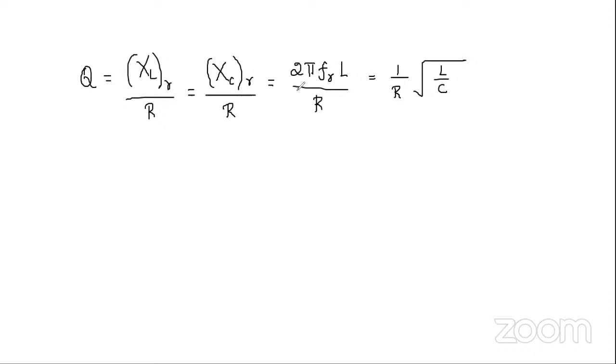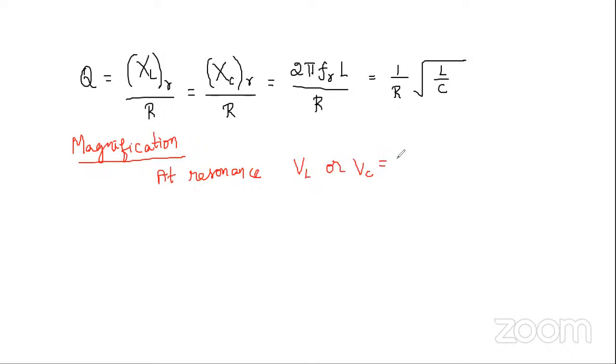And the next concept is magnification. So at resonance, your VL or VC is equal to QE, Q into E. Q is the quality factor or Q factor, and E is the supplied voltage.